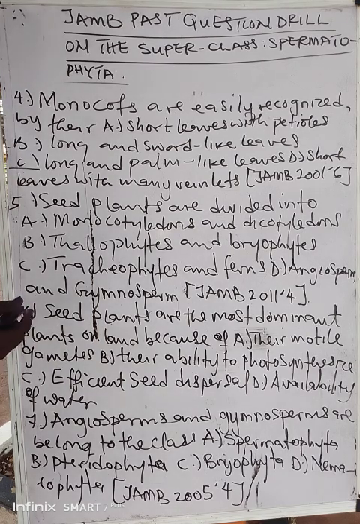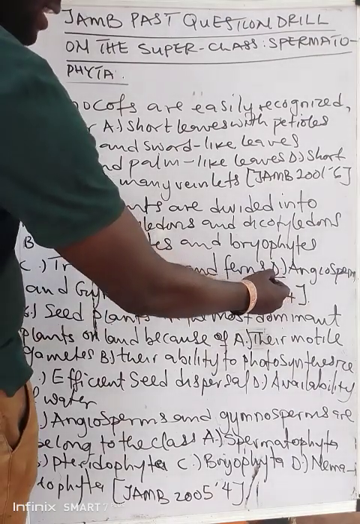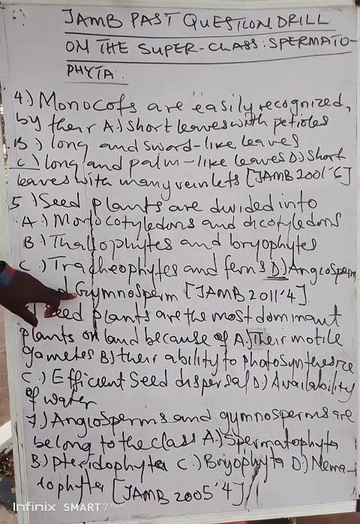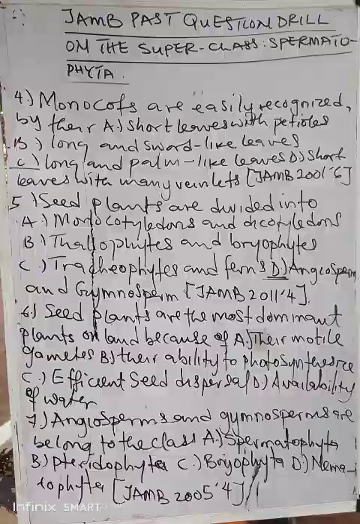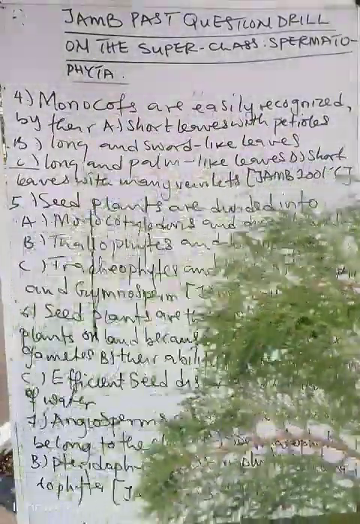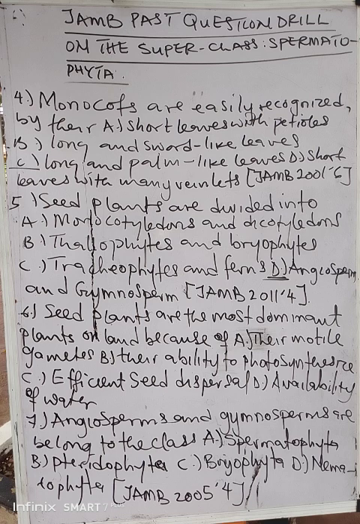Seed plants are the plants that have seeds. They are further divided into angiosperm and gymnosperm. Gymnosperms are the ones that have needle-like leaves and a naked seed. Then angiosperm is divided into monocot and dicot.